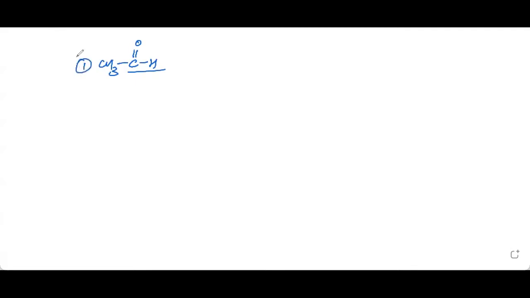You need to tell whether it shows keto-enol tautomerism or not. The second is, then the third one. Like that, you can consider molecules yourself and keep checking whether they can show keto-enol tautomerism or not. Hope this is clear to you.